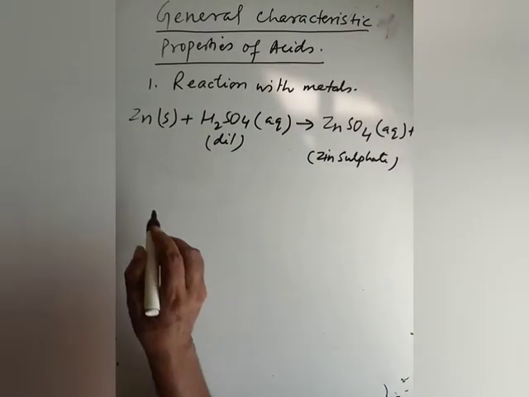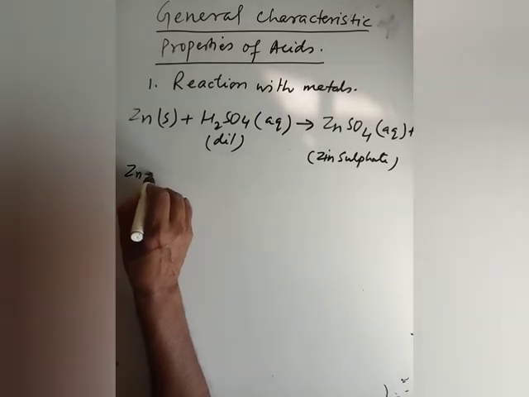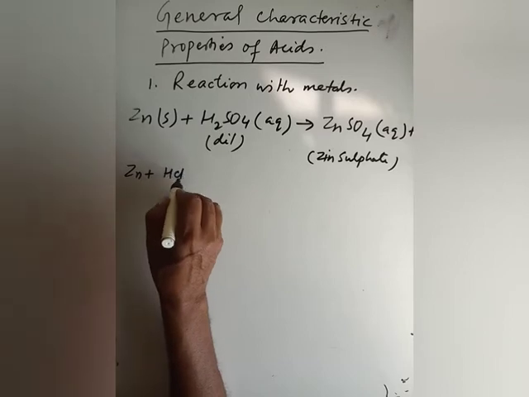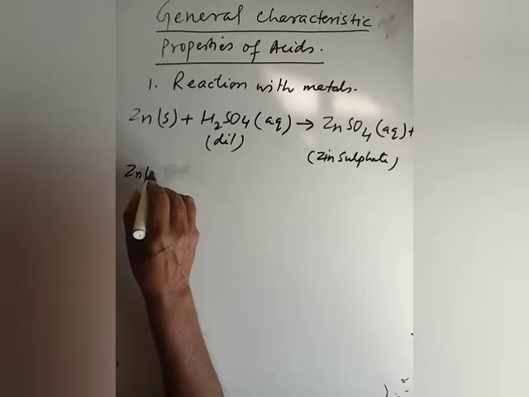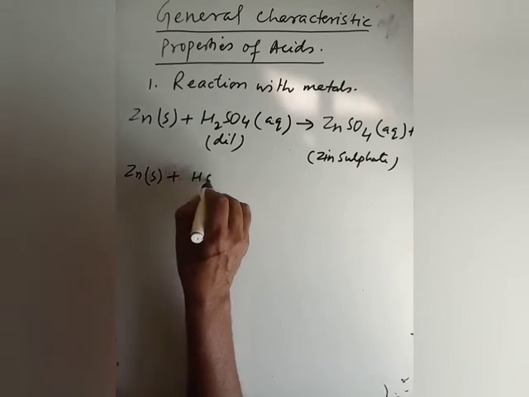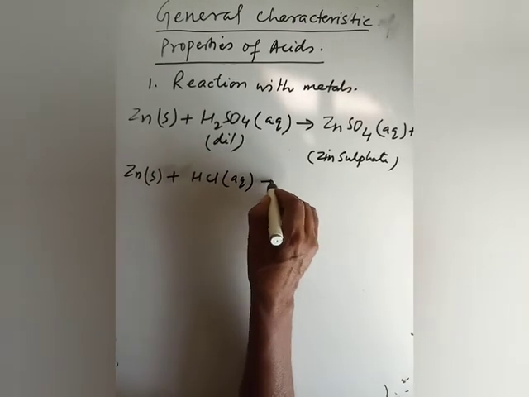In the same way, zinc is an active metal, so zinc will react with HCl. Zinc is in the solid form, and this you have to denote. Zinc in the solid form, HCl in the aqueous form. So that will react in this way.